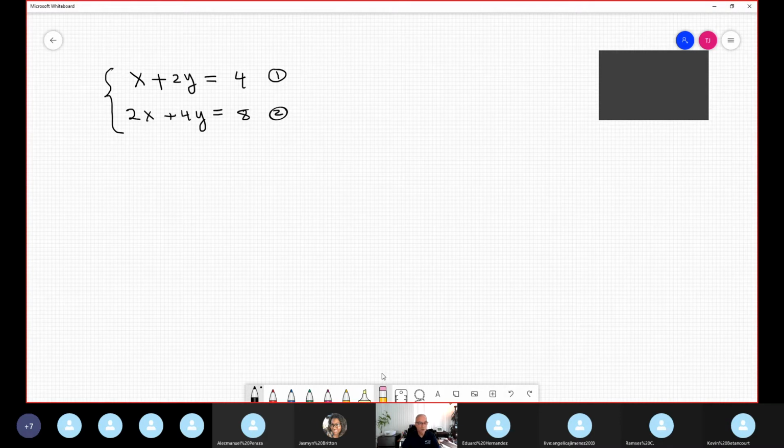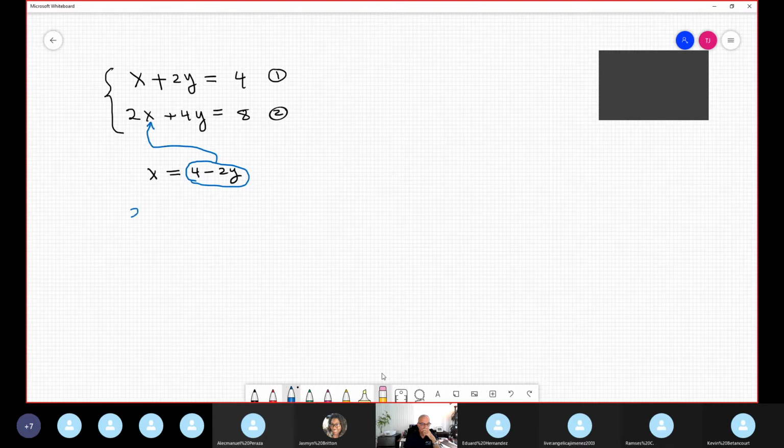So you take the equation 1 and you isolate x. So x alone is equal to 4 minus 2y. So I take this expression and substitute in equation number 2 in the x place here.